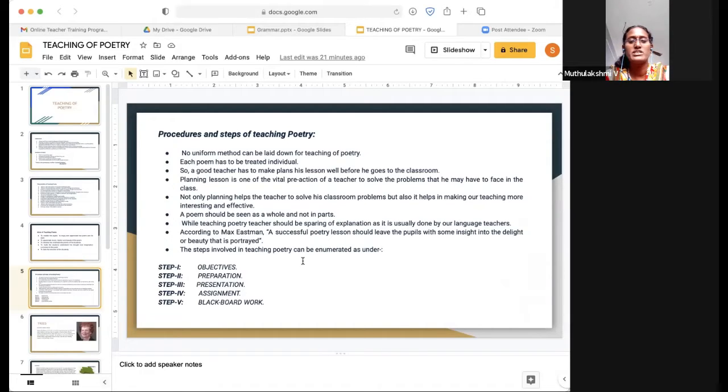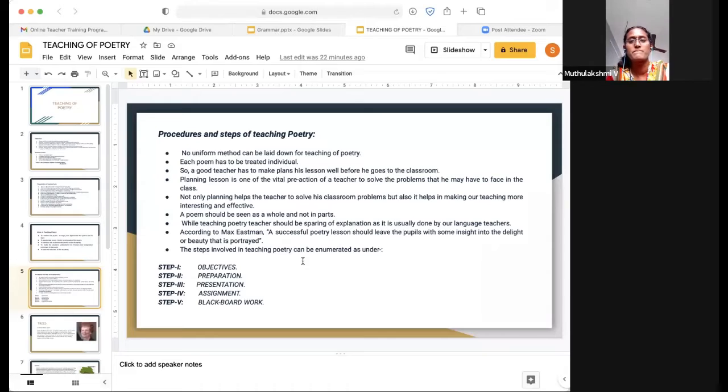The steps involved in teaching poetry can be enumerated as under: step 1, objective; step 2, preparation; step 3, presentation; step 4, assignment; step 5, blackboard work.